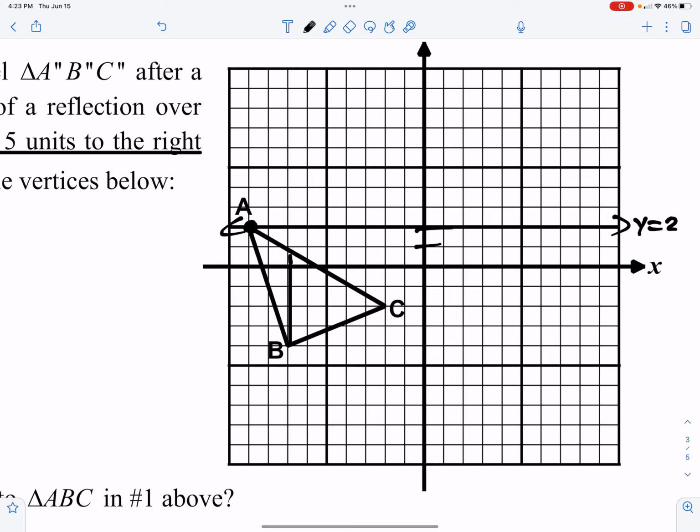It's 6 units away from y equals 2, so it's going to be 6 units above, or right here.